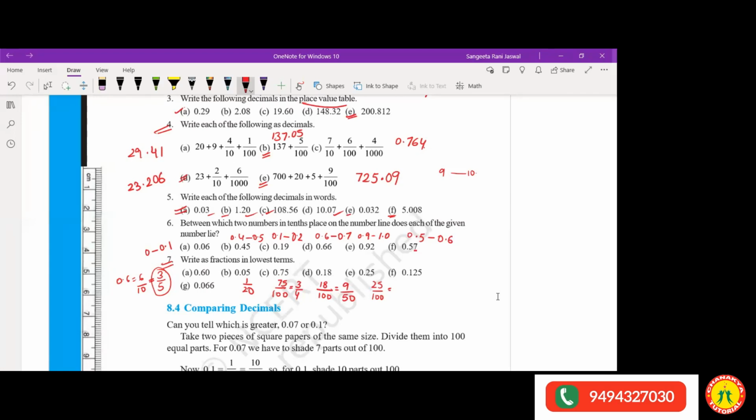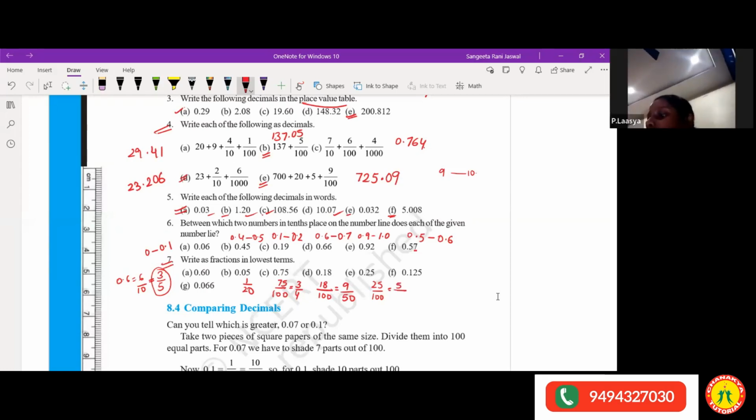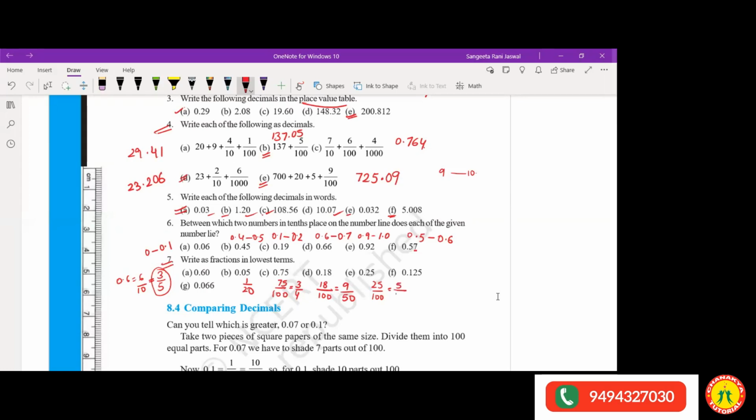When you do it with 5, what will you get? 5 fives are 25, and 100 divided by 5 will give you 20.